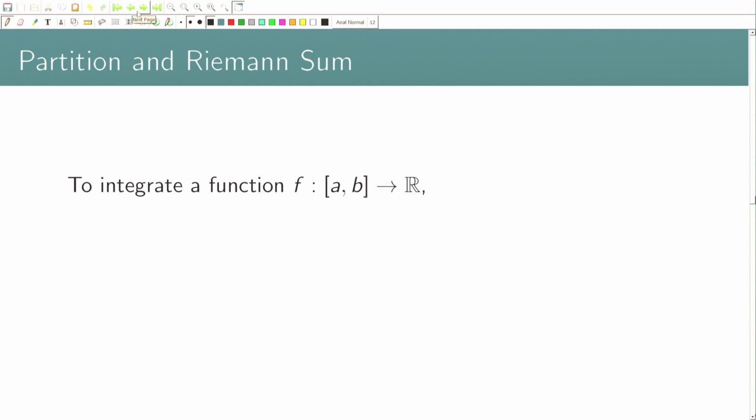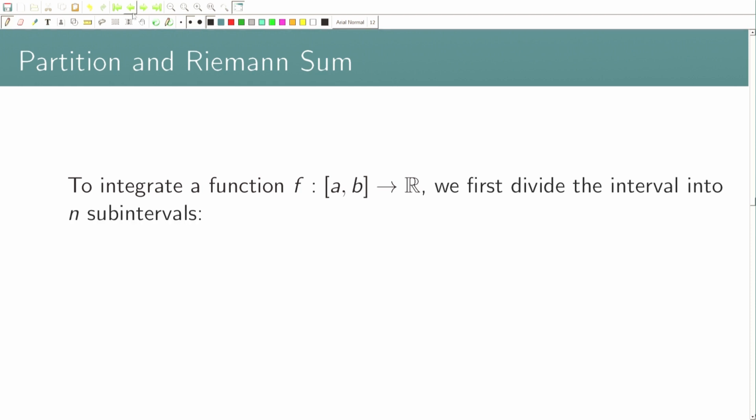Okay. So, I have a function f from the closed interval a b to R, and we are assuming that f is bounded. That means there exists an M greater than 0 such that mod of f of x is less than or equal to M for all x belonging to the closed interval a b. So, how to do this?